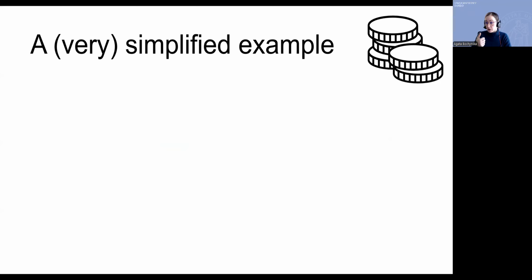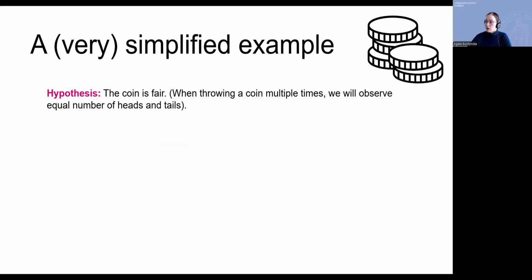So I want to flip the coin multiple times. If the coin is fair, we should observe an equal number of heads and tails. If the coin is rigged, if it's biased to fall only on one side all the time, then we'll see only that side. So this is my hypothesis.